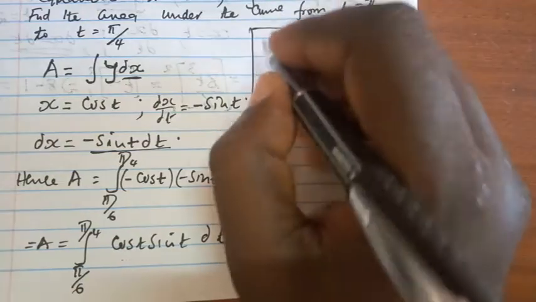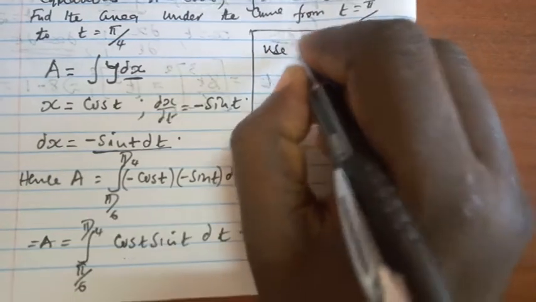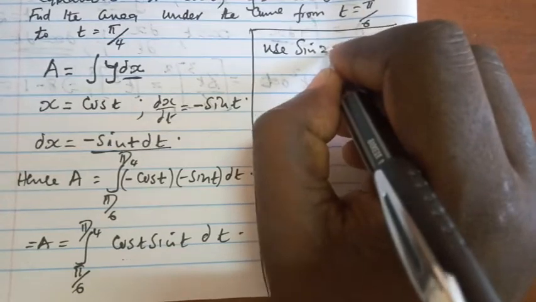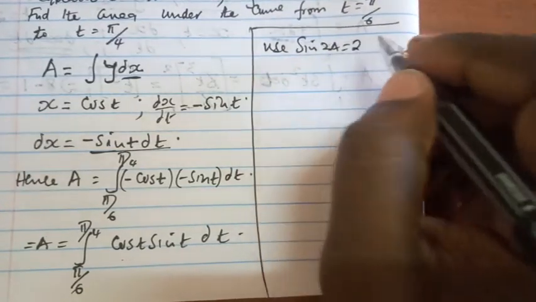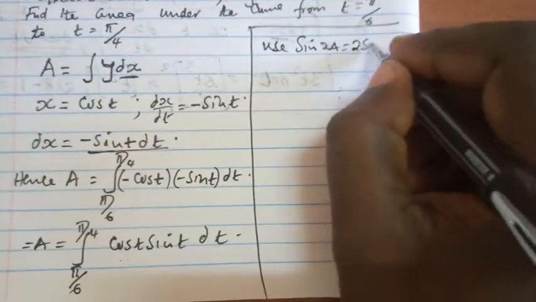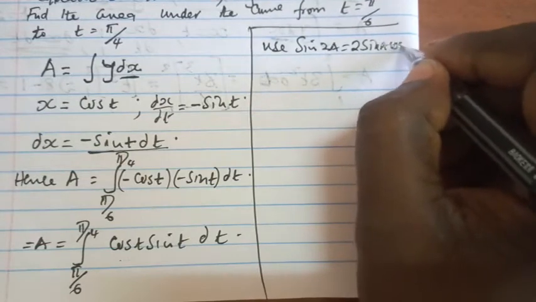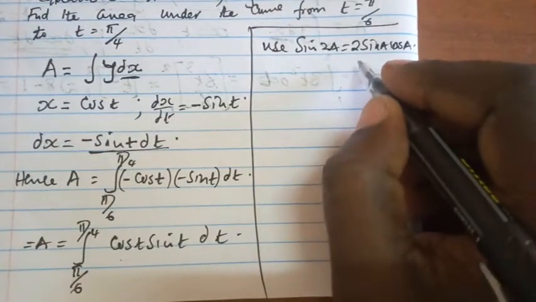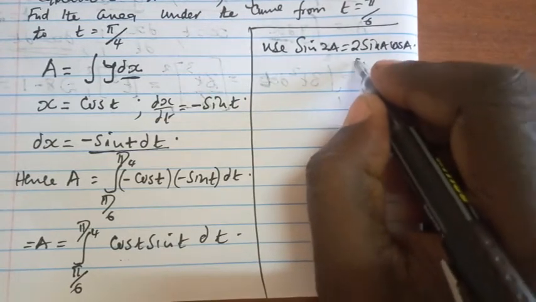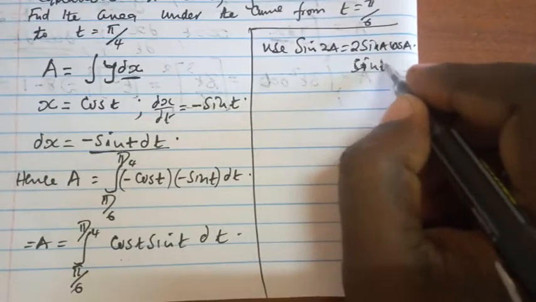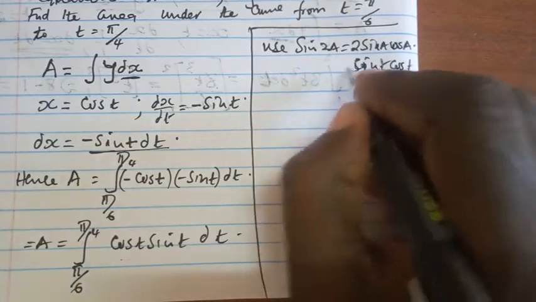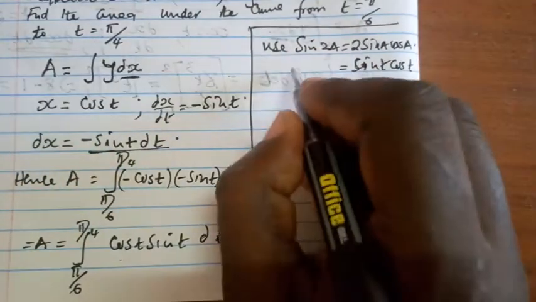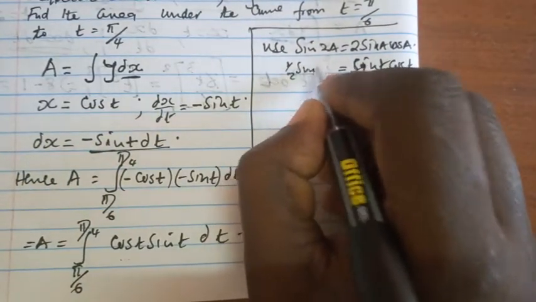We know sine 2a is equal to 2 sine a cos a, because our format in this case is sine t cos t, which must be equal to a half sine 2t.